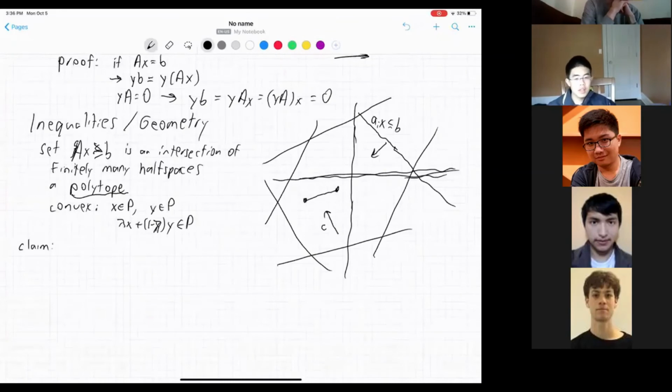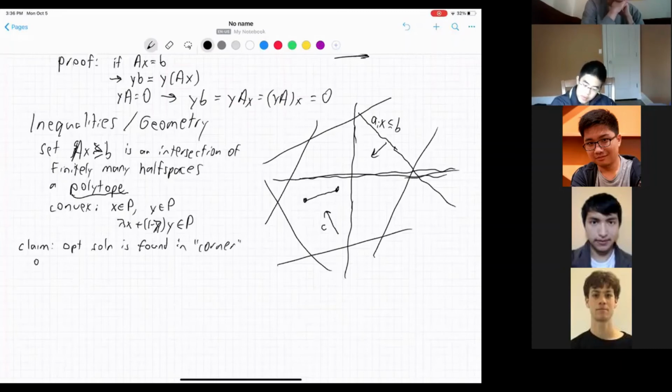So the claim, which right now is just an intuition, is that the optimum solution is generally found in a corner of the polytope. And so what we're going to be doing for much of today is just defining what a corner is, right?